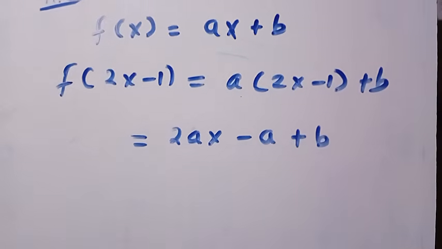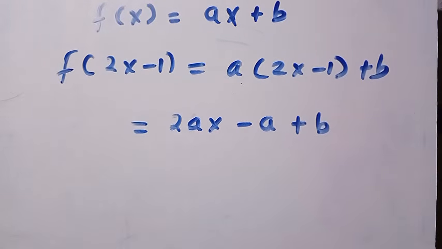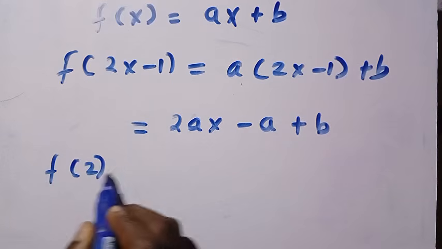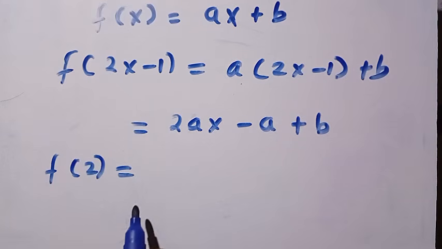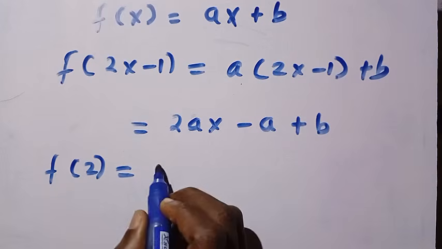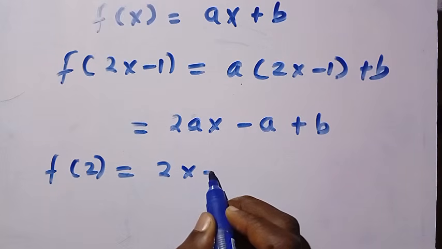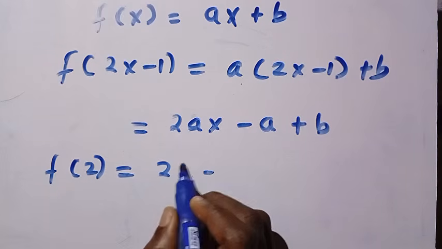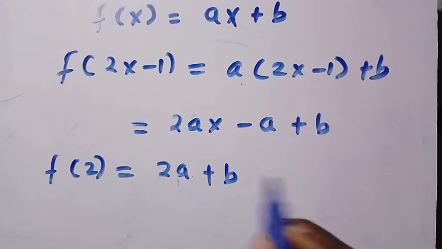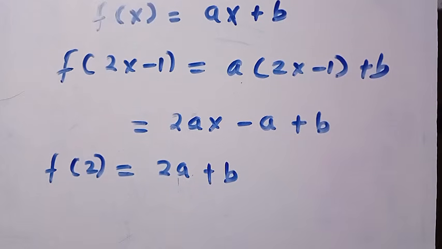Before adding this together, let's find f of 2. Anywhere we see x, we replace it with 2. Therefore, we have 2a plus b. Then we add this together.